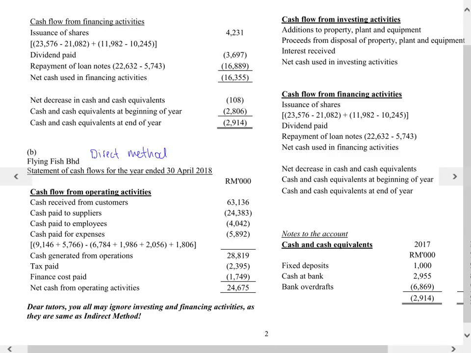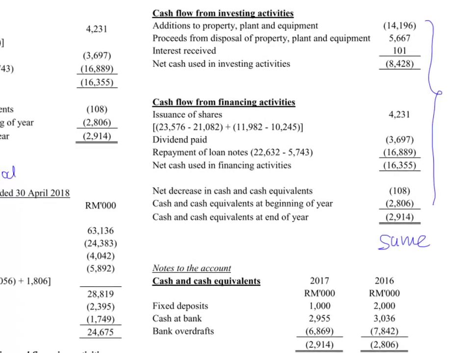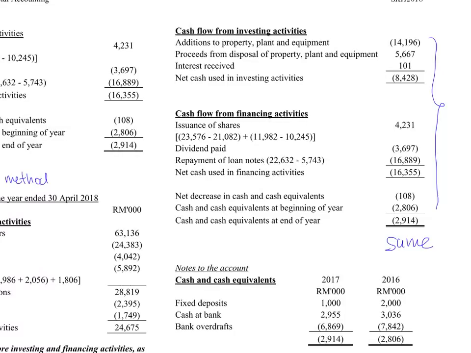So the direct method also has 3 activities, O, I, F. But I and F are the same as the indirect method, so no issue for I and F. The only difference is O. Direct or indirect method, the only difference is the operating activity.